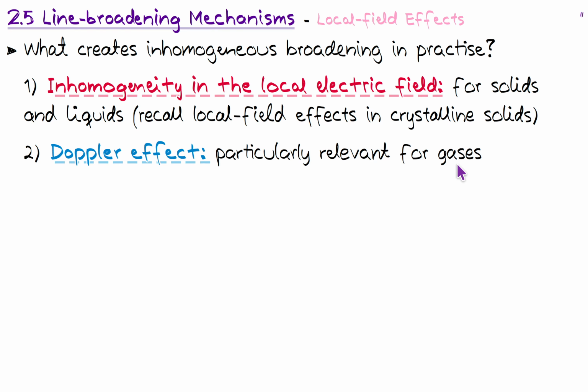In gases we have atoms moving at different velocities in different directions, and thus the resonance frequencies of these atomic emitters and absorbers are dictated by their relative velocities.